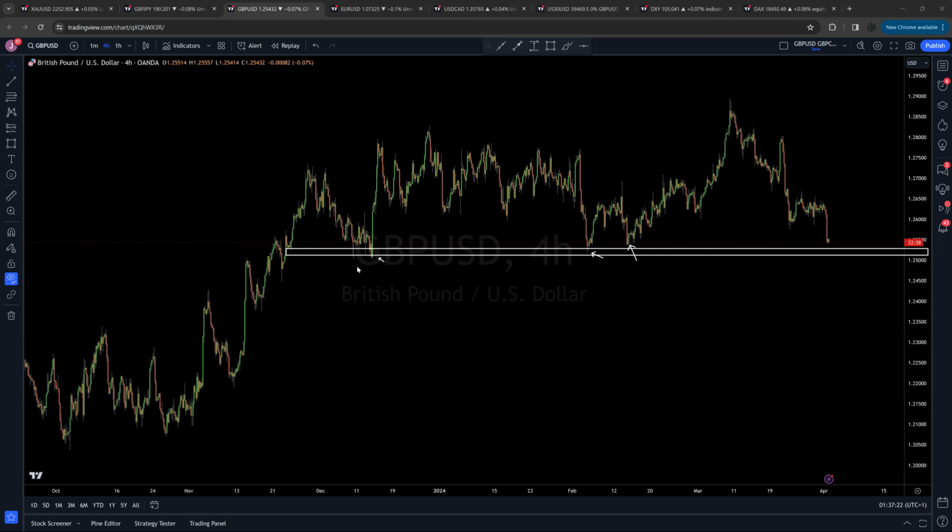We've had many failures to break before, which means we could get a minor pullback phase from here, even back into the 1.26s. But if we just see the simple continuation of the bears and dollar still holding more strength, the next area of interest on GBP USD specifically is minimum 1.245s, potentially extending down to 1.24s.